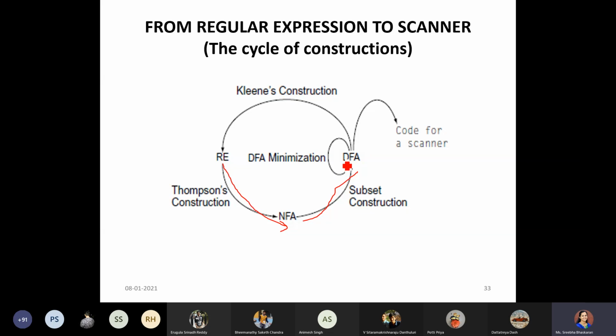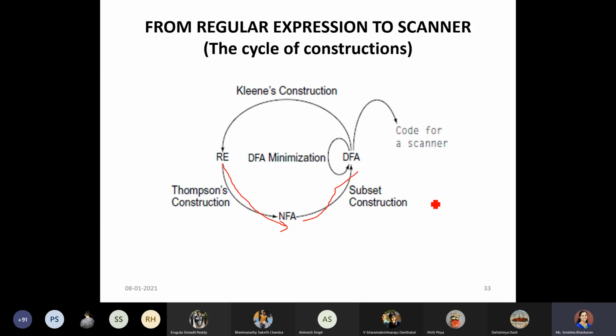So like this, given a regular expression, we can generate the DFA. And once we achieve this DFA, we can easily generate the equivalent code, that is, the if-else statements and else-if ladders could be directly generated.